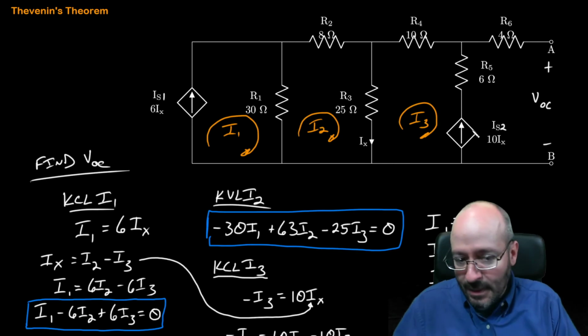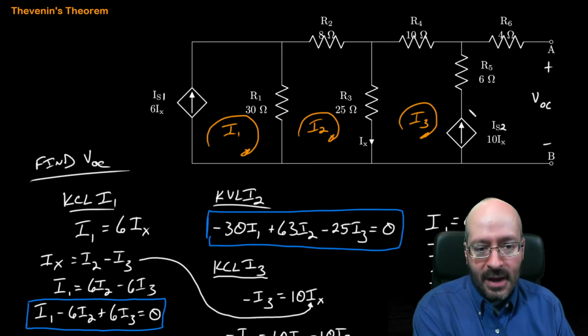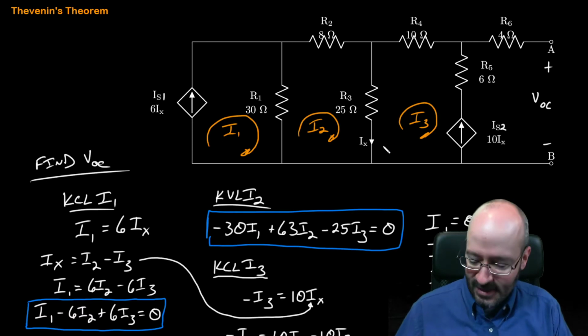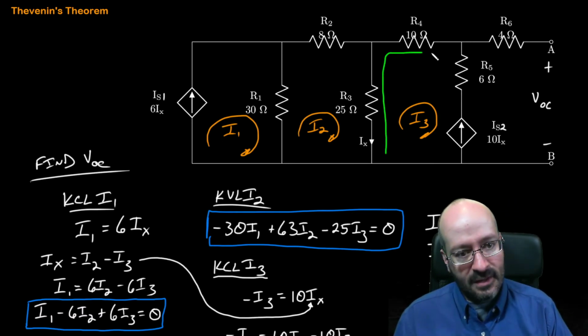But let's at least think about the KVL we would have to write if that wasn't the case. I don't want to cross over this current supply, so I've got to find some other KVL that includes V open circuit. The easiest one that sticks out to me right now is to write the KVL around here.